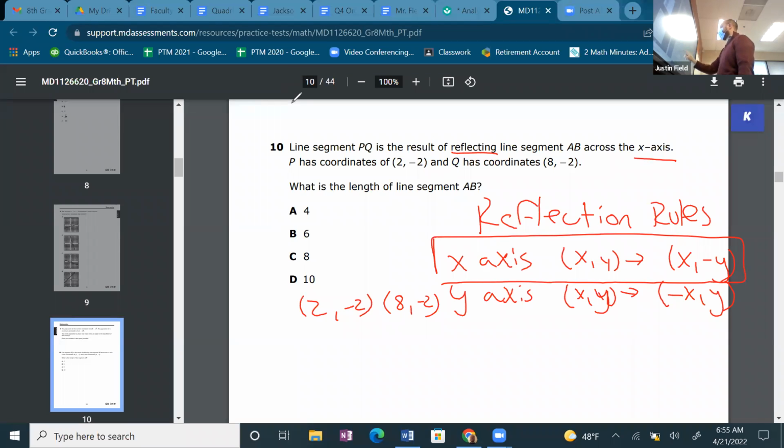But let's reflect across the x-axis. So what does (2, negative 2) change to? (2, 2). And what does (8, negative 2) change to? Negative 8. No, wait. We're still reflecting across the x-axis. Oh. So it's (8, 2).